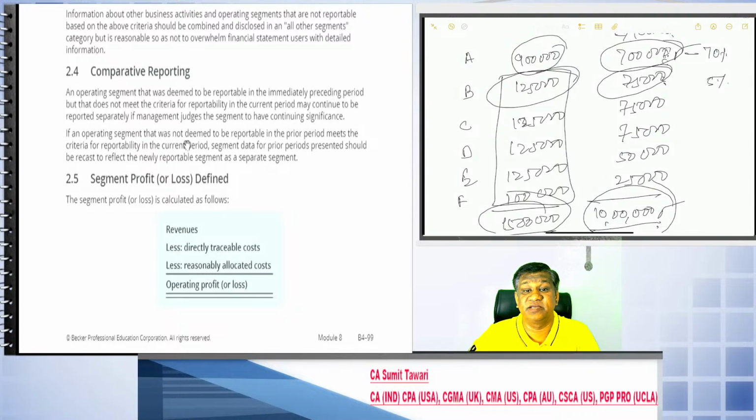If an operating segment that was not deemed to be reportable in the prior period meets the criteria for reportability in the current period, the segment data for the prior period presented should be recast to reflect the newly reportable segment as a separate segment.